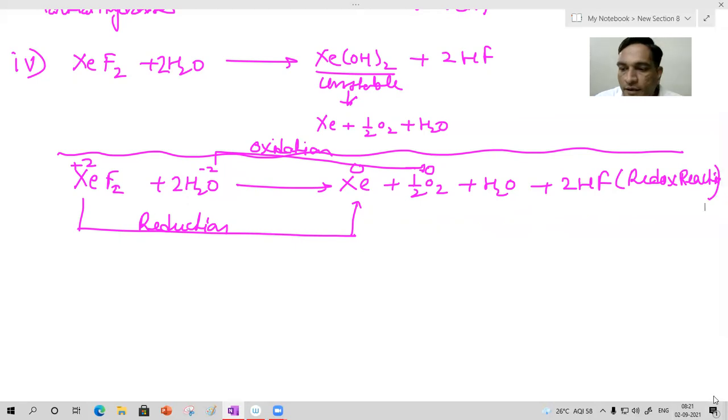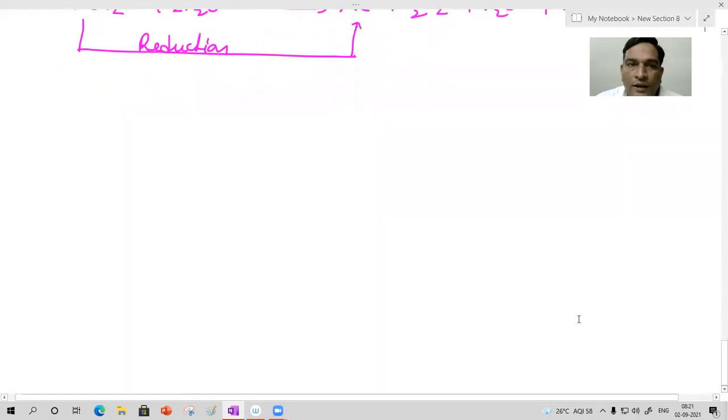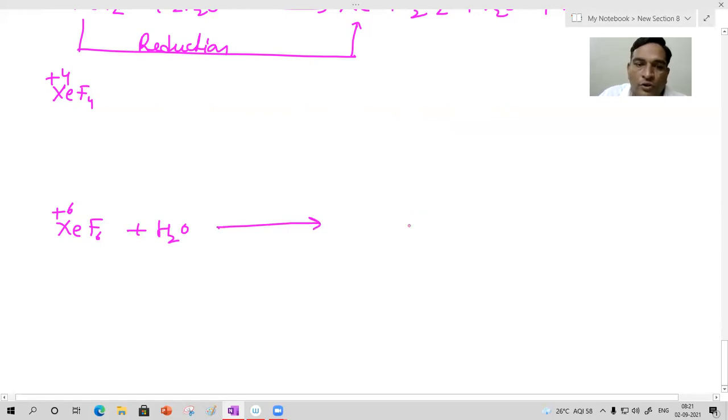Another example, my dear, XeF4 and XeF6. Here, xenon has plus 4 oxidation state. Here, xenon has plus 6 oxidation state. On hydrolysis, 2 fluorine are replaced by 1 oxygen. 6 fluorine are replaced by 3 oxygen.